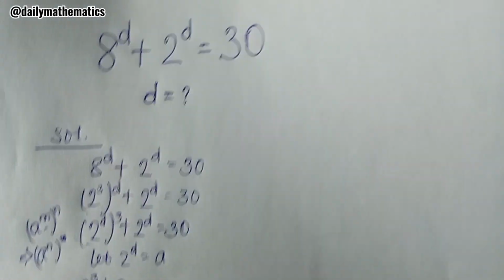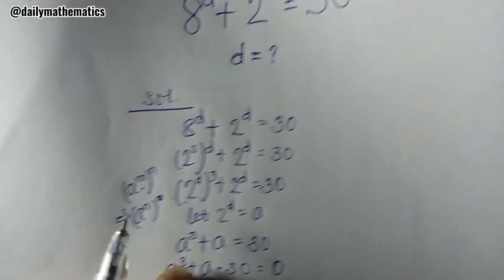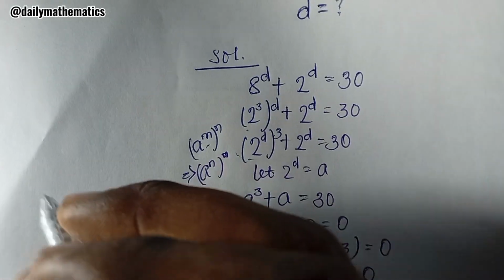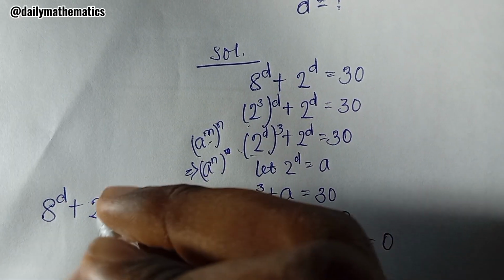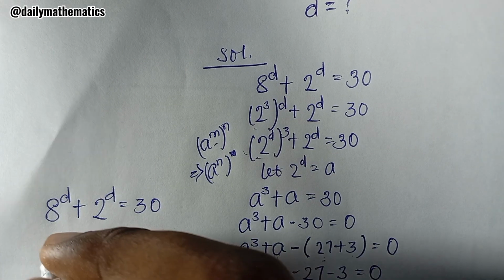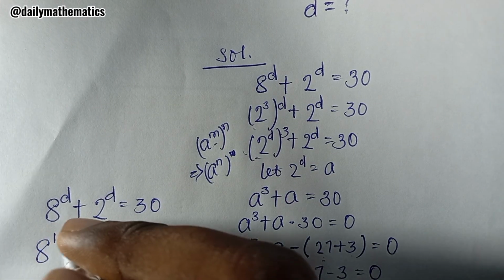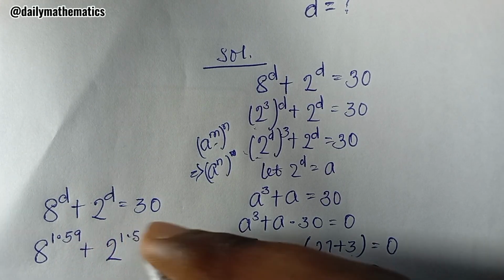And then remember, we have the original equation, 8 raised to the power of d plus 2 raised to the power of d equals 30. And we have d to be 1.59. So we have 8 raised to the power of 1.59 plus 2 raised to the power of 1.59.